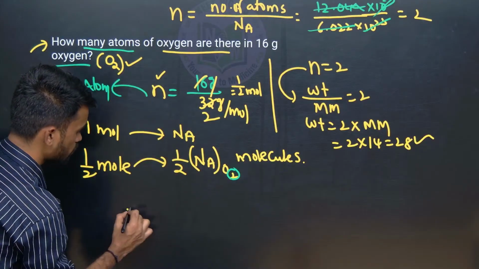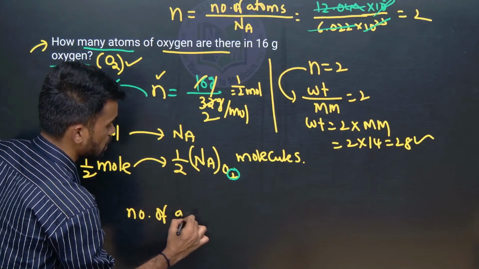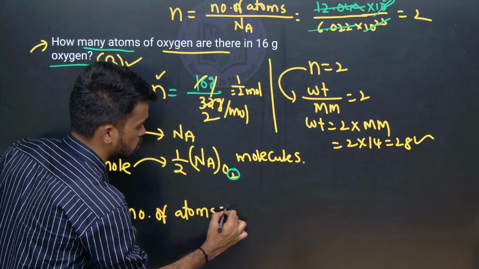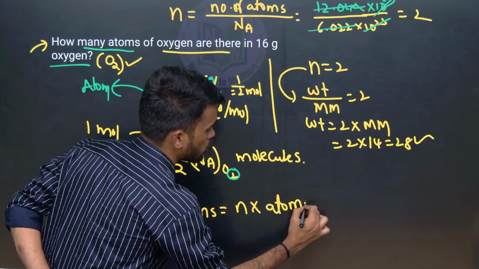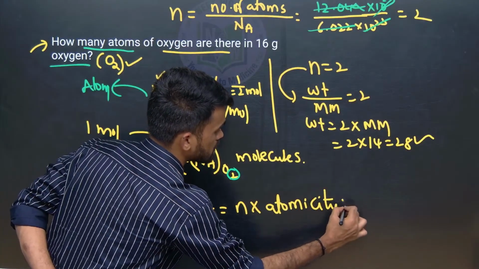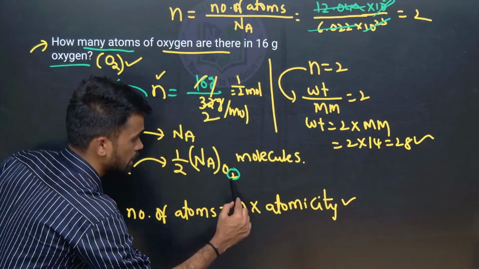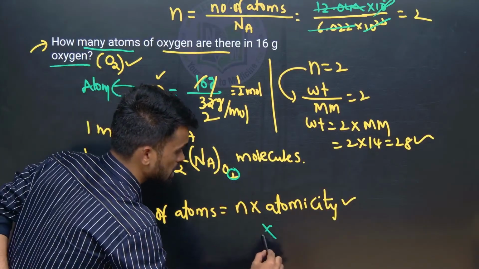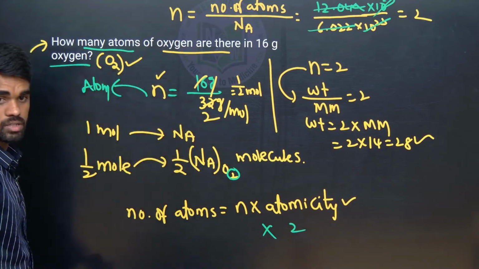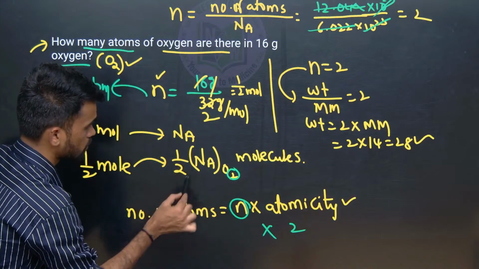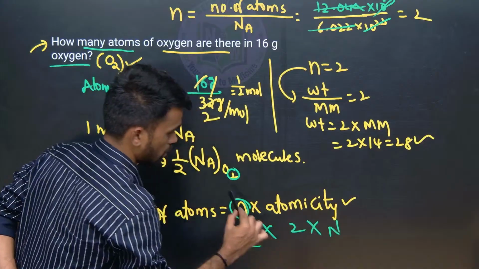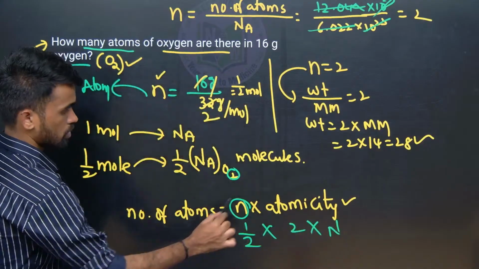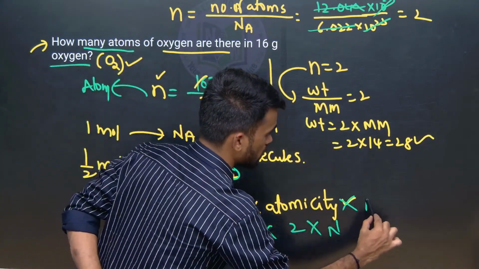So number of atoms, always remember, number of atoms equals to number of moles into its atomicity into Avogadro number. What do we mean by atomicity? Yesterday we discussed, na? Atomicity represents here this number. What is that atomicity number? 2 for oxygen. How many moles we got? 1 by 2 into 2 into Avogadro number.